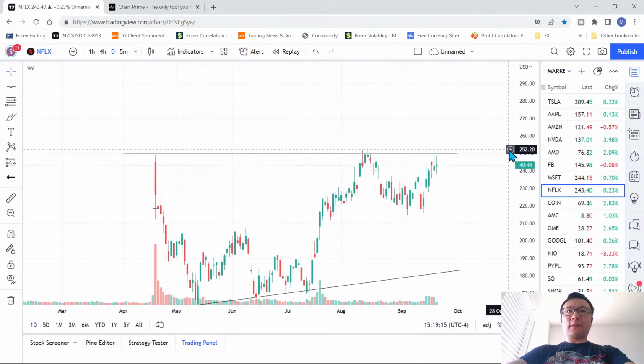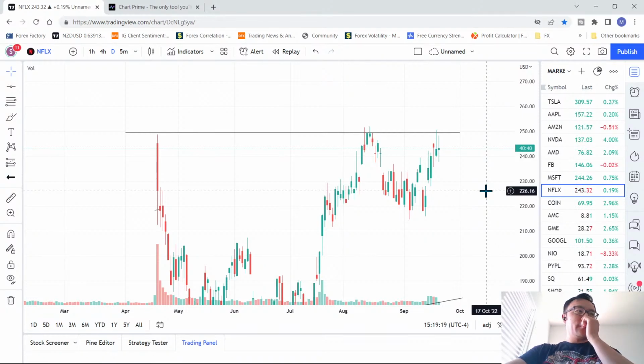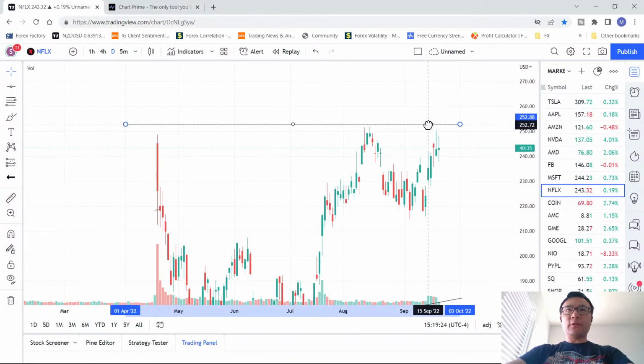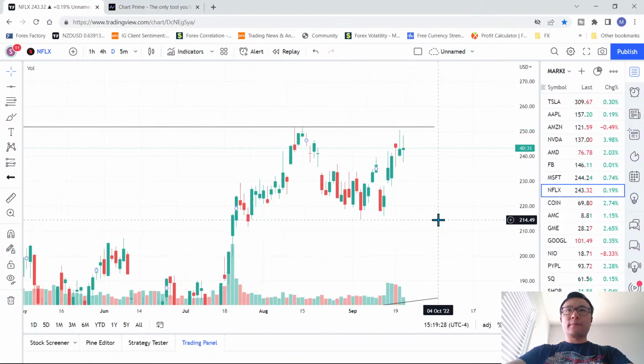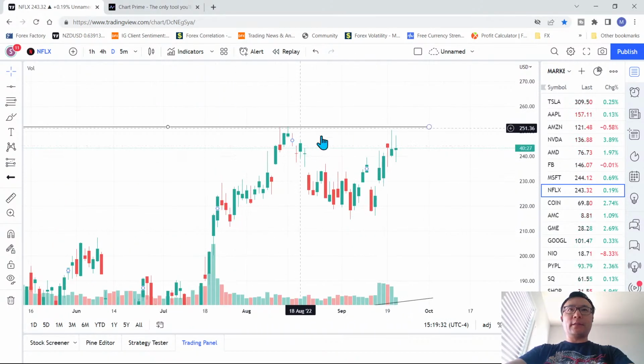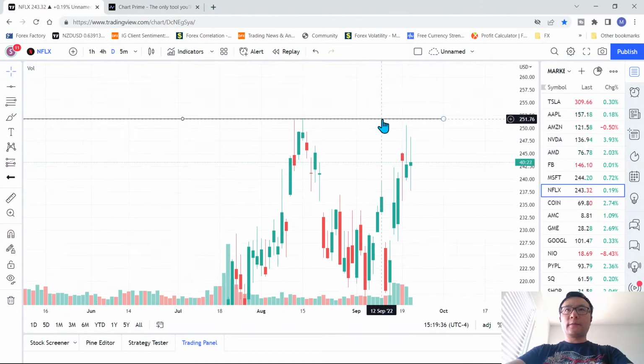So this is actually something that I might be looking at, and let's just put some figures together on what we should do. So I'm going to use this high here as the breakout level. So in this one, Netflix, I would be looking at an entry of 252.